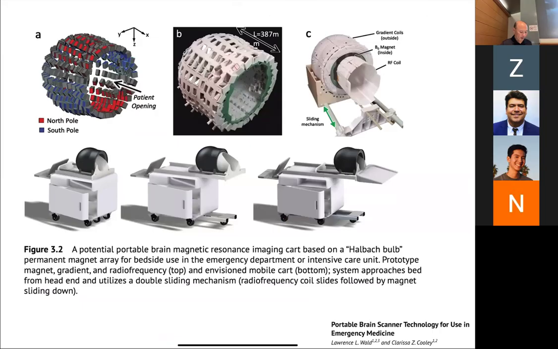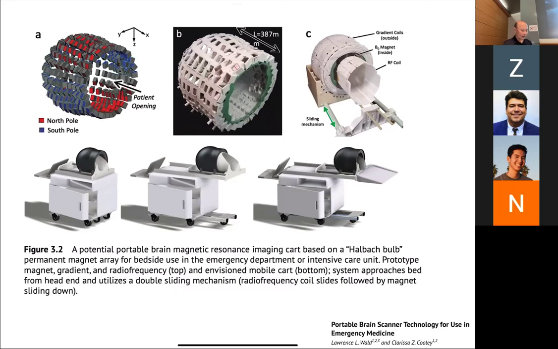And then finally, we've talked about these traditional magnets, which have superconducting wire and helium. There's an idea that if you really want to make things portable and more widely distributed, then maybe you want to look at other designs for magnets.